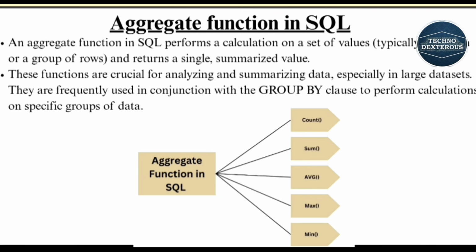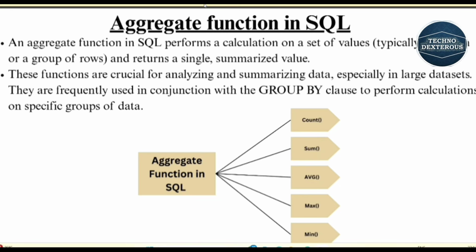What is an aggregate function in SQL? An aggregate function in SQL is a function that performs a calculation on a set or group of values and returns a single value.